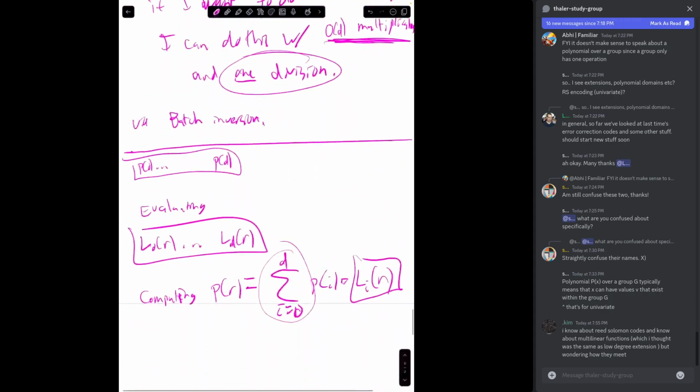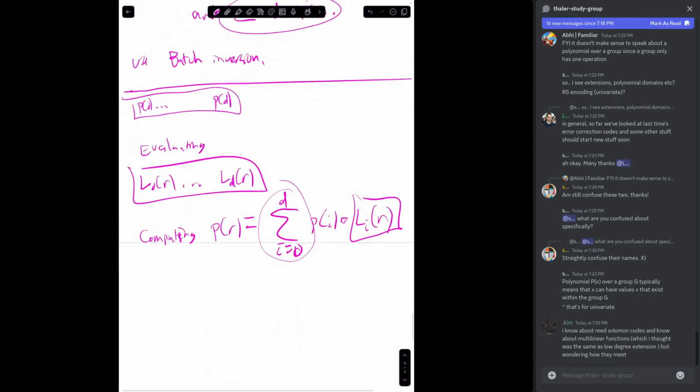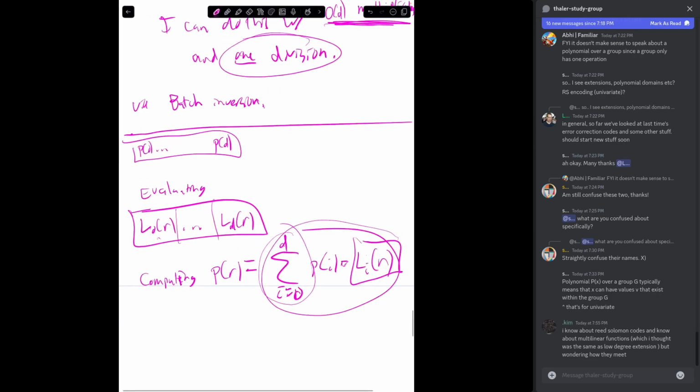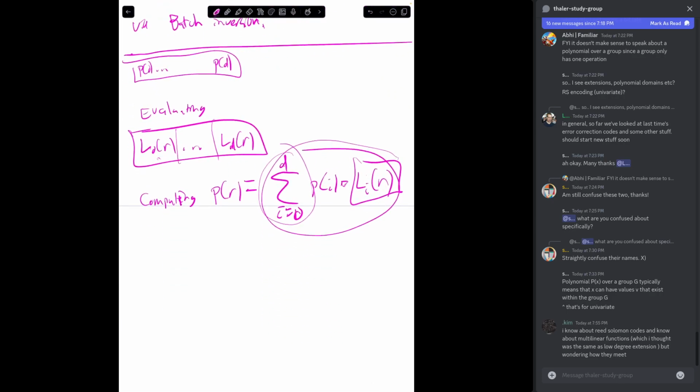So the univariate Lagrange interpolation algorithm I described to you, I said you would actually write down L0 of r, L1 of r, up to LD of r, and remember them. And then once you remember them, you would in linear time compute the sum. But you actually can compute the sum on the fly, where first you compute L0 of r, and then you multiply that by P of 0 and add it to your running sum.